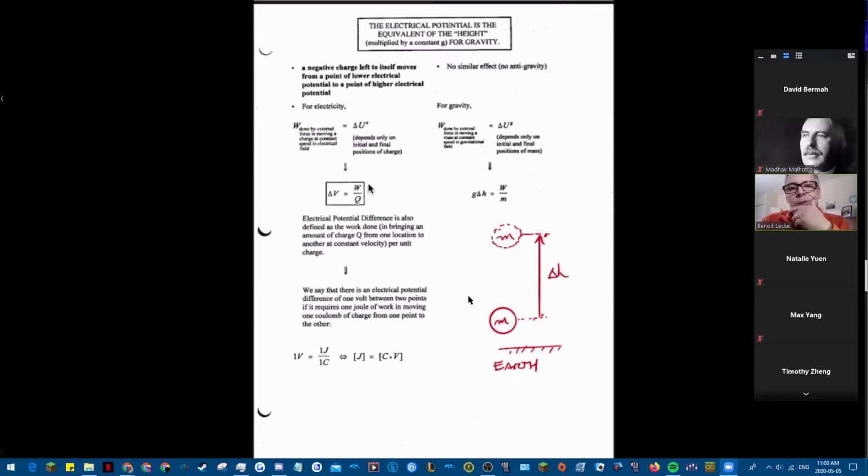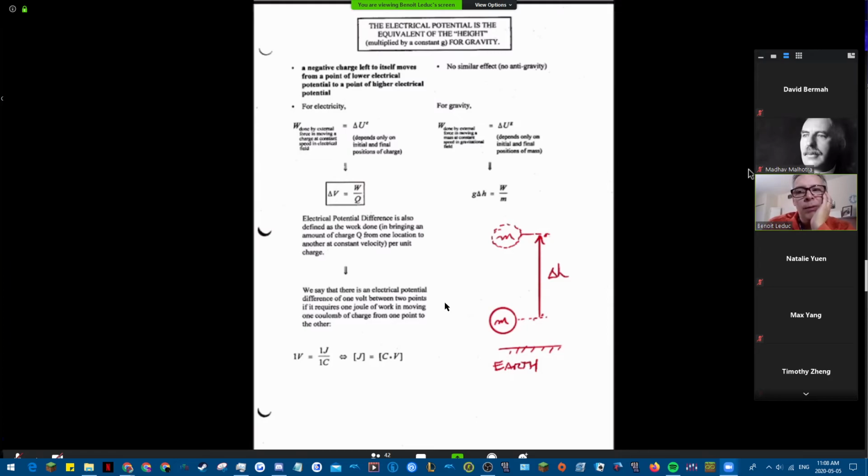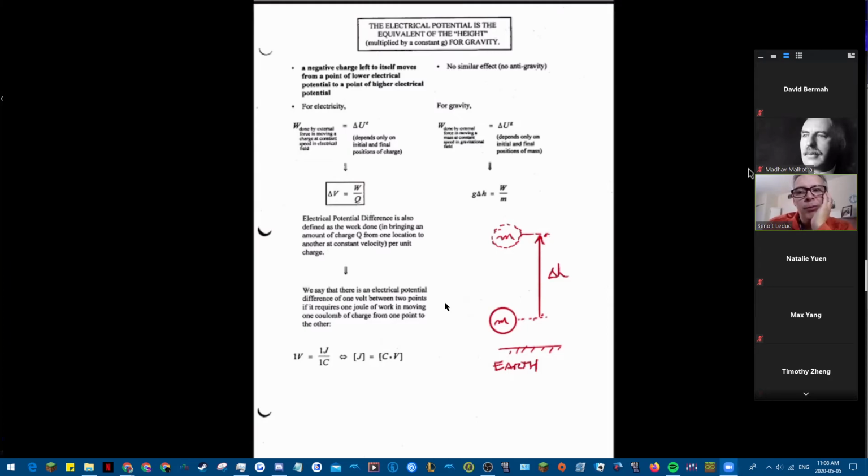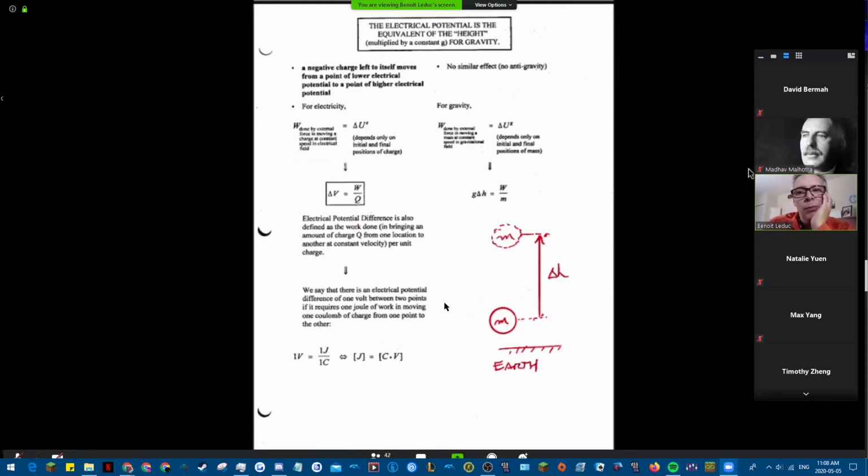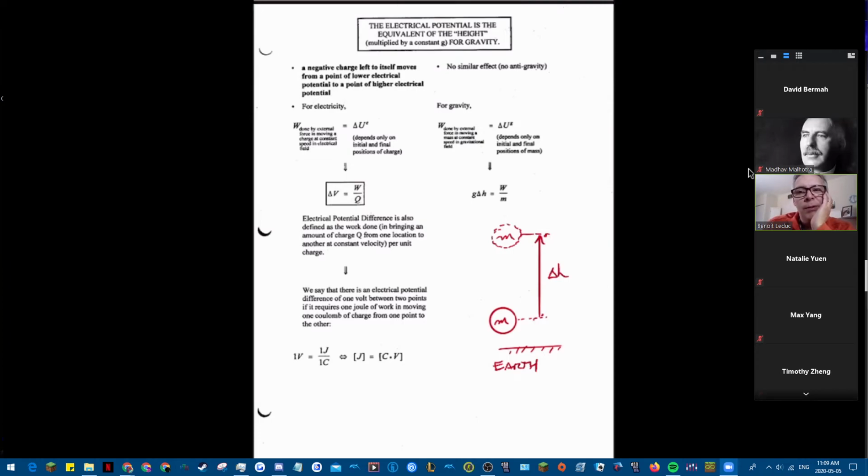Okay. So let's say here you want to raise this mass. Now, if I ask you, what's the minimal force that you need to apply in order to lift this up? What's the minimum force, guys? Someone else but Max. Okay, let's say Justin.